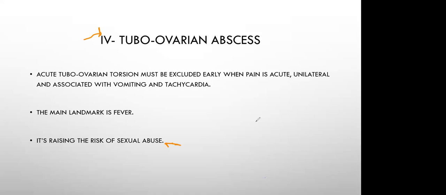The question may be like tubo-ovarian abscess, apparently, but actually this is a case of sexual harassment and sexual abuse. So I need the clinical examination as the most important step after isolation of the patient because of her fever. This is how questions in EMQs regarding tubo-ovarian abscess in an adolescent patient may be in your exam.